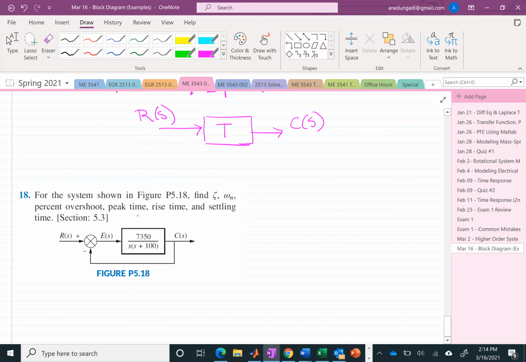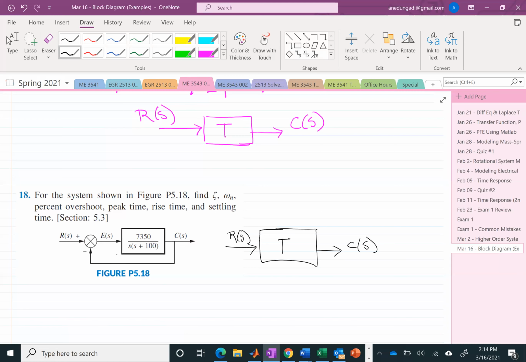Find the equivalent transfer function, T, where the input is R of S and the output is C of S. How do I find the total transfer function from this? Anybody?